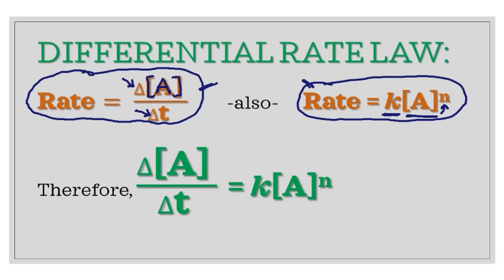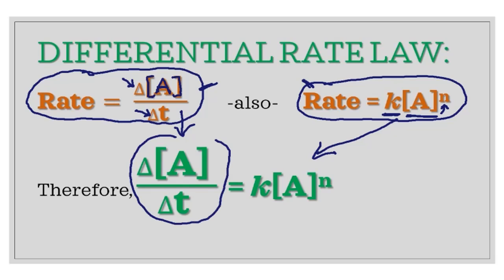If those are both correct, we can set them equal to each other. And so we have the differential rate law, which is the change in concentration of A over the change in time equals the rate constant times concentration of A to the power of the order. And that's what this N is.